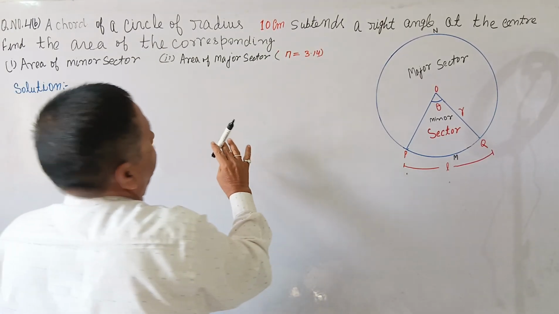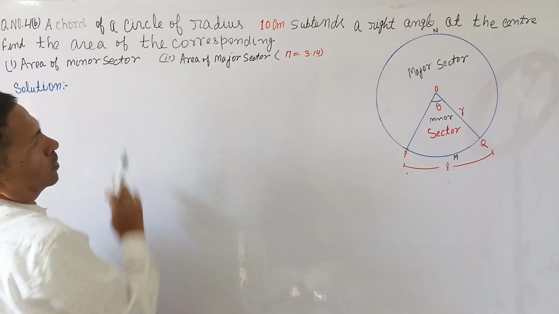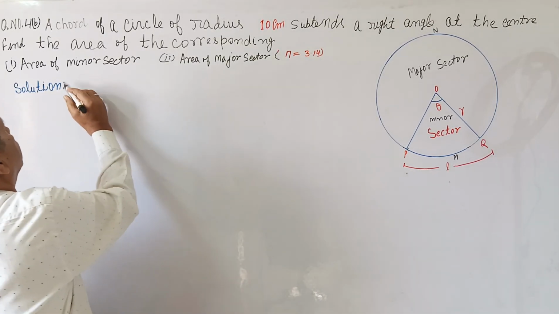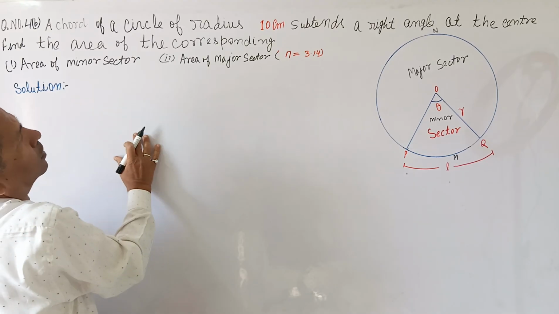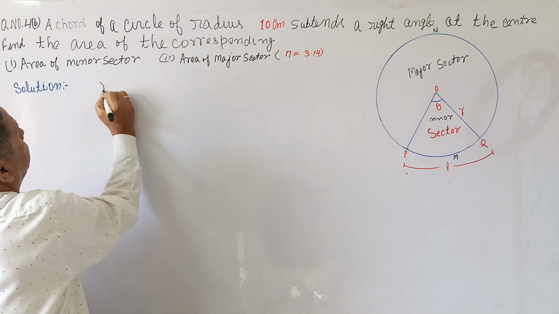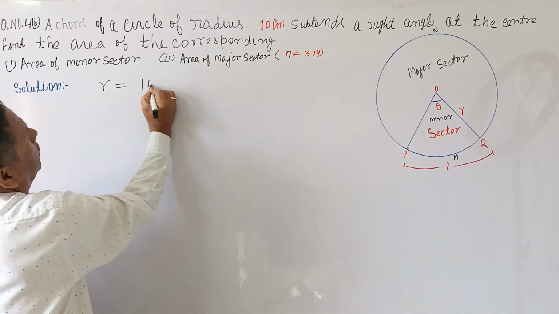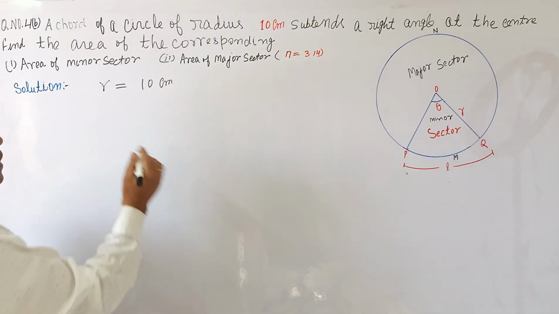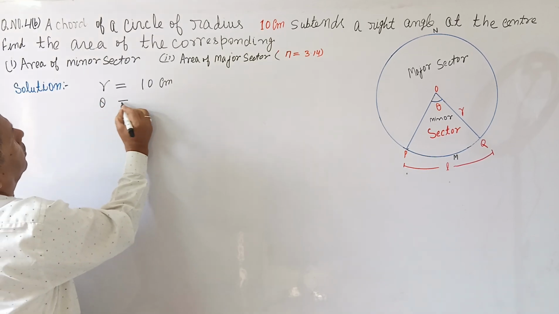So in this case, we first have to find the area of the minor sector. Now first I will write the given data. The data given to us is radius equals 10 centimeter, angle theta at the center is 90 degrees.